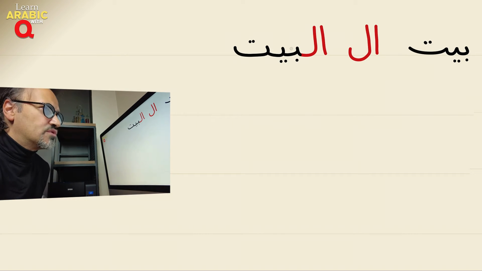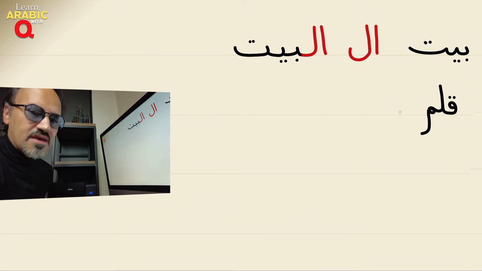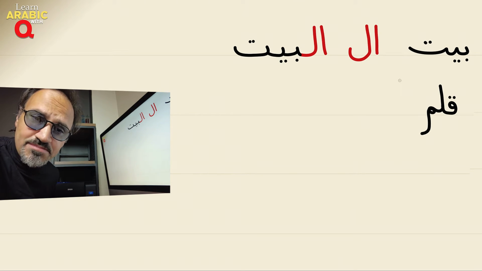Okay, let's take another word. We have qalam. Qa, this is the la, and this is the ma. Okay, now qalam is pencil.